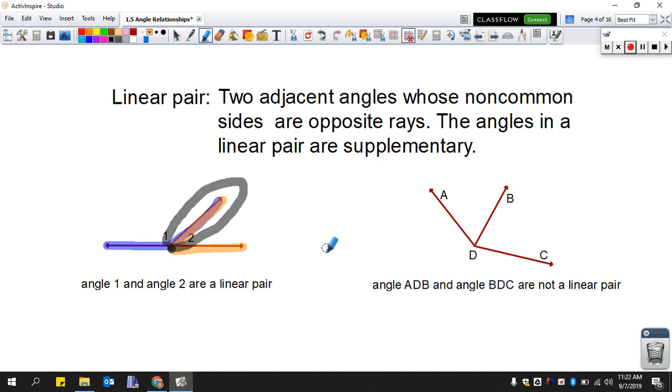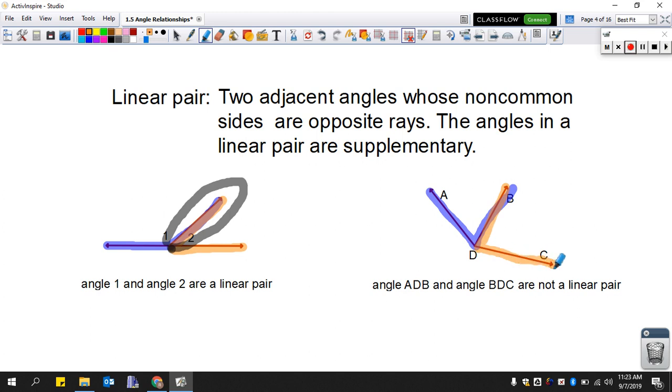So that's the key for a linear pair: the two sides that are not the common side will join together and form a straight line. All right. Over on the right hand side here, we have angle ADB and angle BDC.